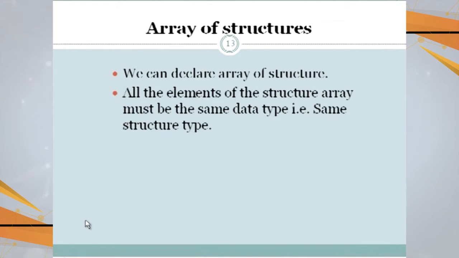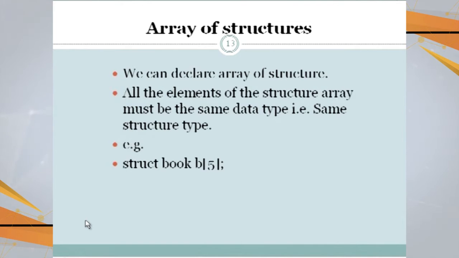Now an array of structure type will contain all its elements of that specific structure type. All the elements of the structure array must be of the same data type, that is the same structure type. Each element of the structure array will contain a copy of its corresponding structure members.